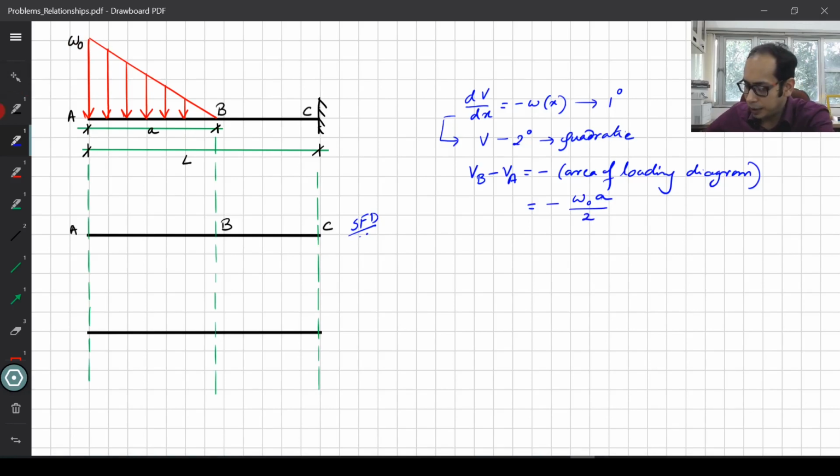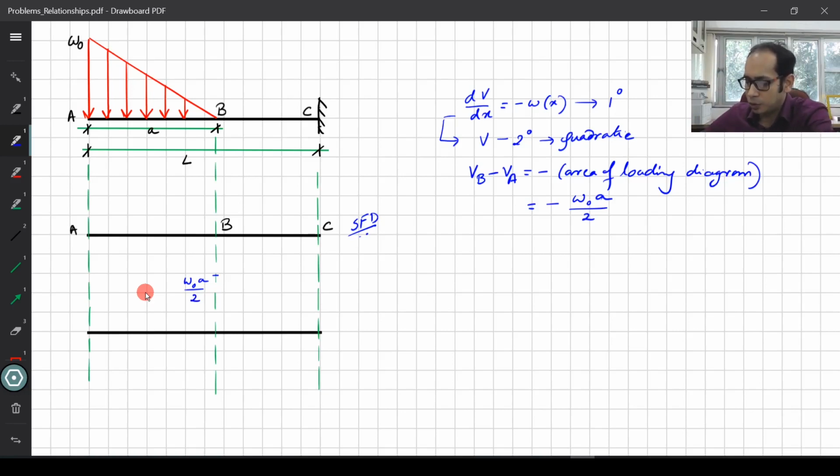So I know that here the shear force is 0, and at this particular point, at the point B, the value is W0 A divided by 2. I have not put the negative sign because I'm drawing in the lower half plane.